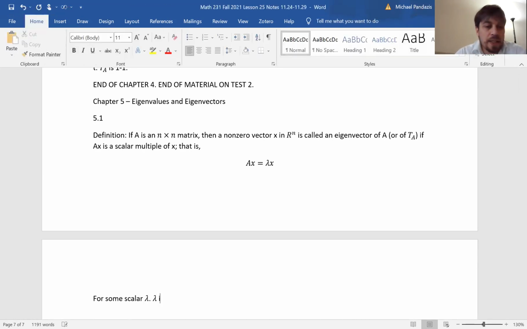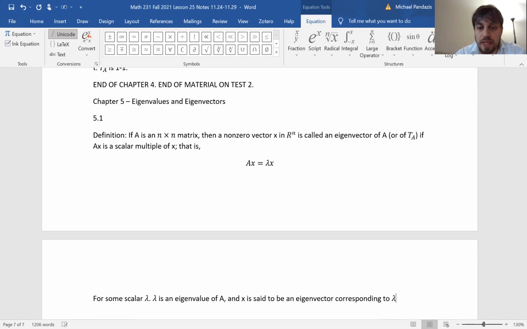Okay, so lambda is an eigenvalue of A, and X is said to be an eigenvector corresponding to lambda.